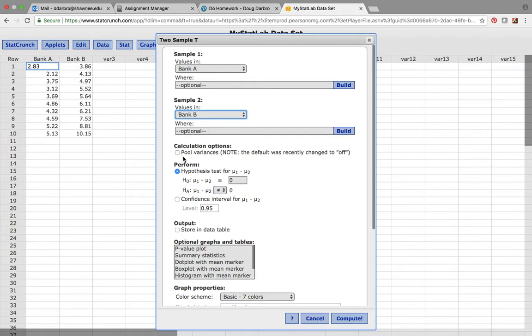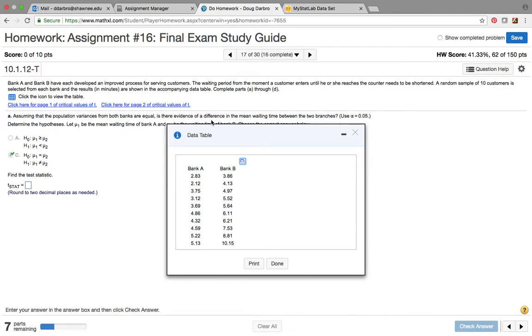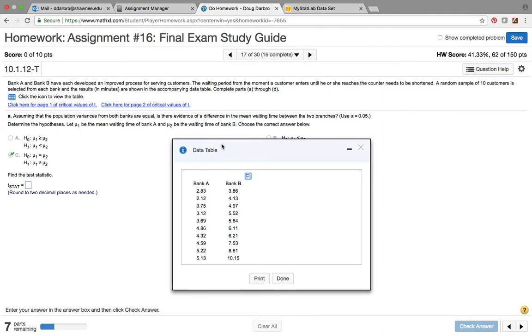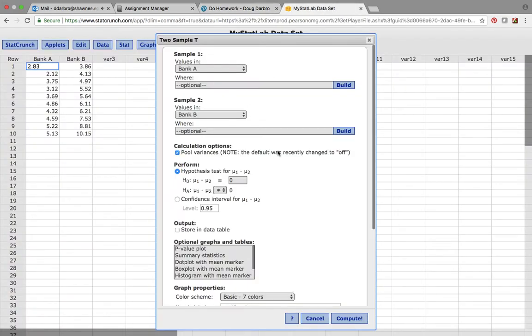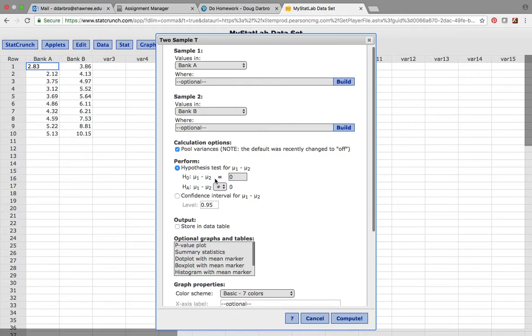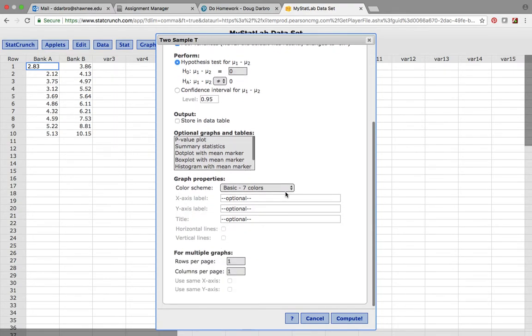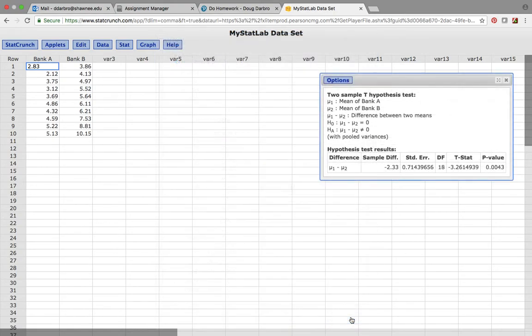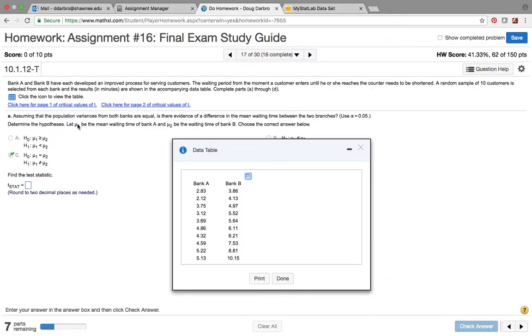Pool variances. It said we had equal variances, right? Assuming the population variances are equal, so we use pooled. And we have mu1 minus mu2 equals 0. So guys, we've got all we need. The test statistic is negative 3.26.